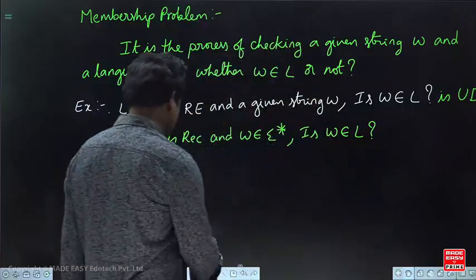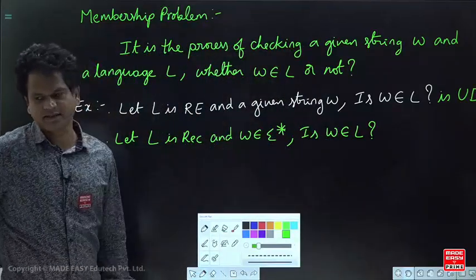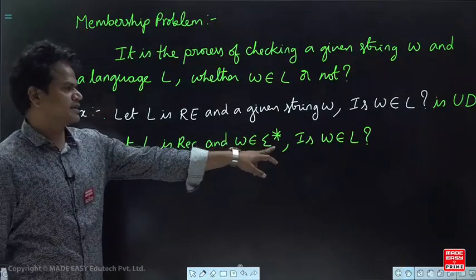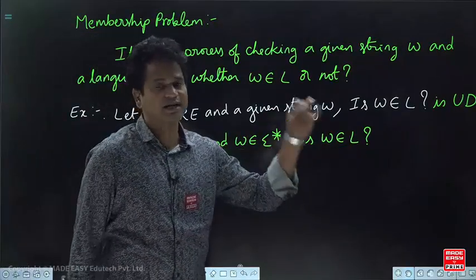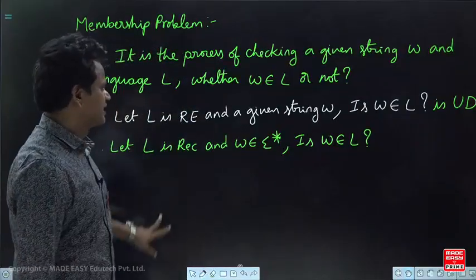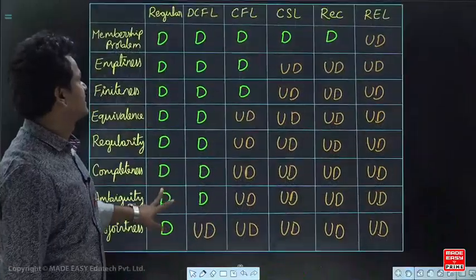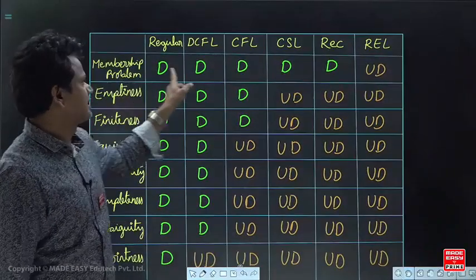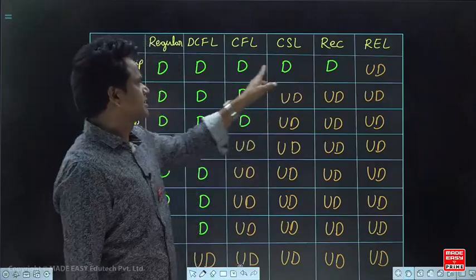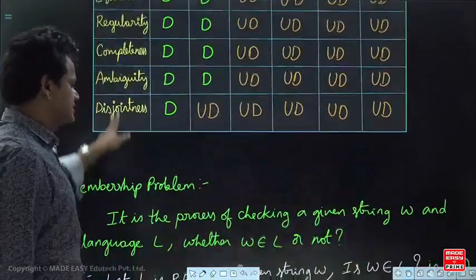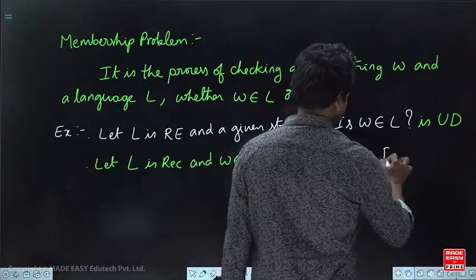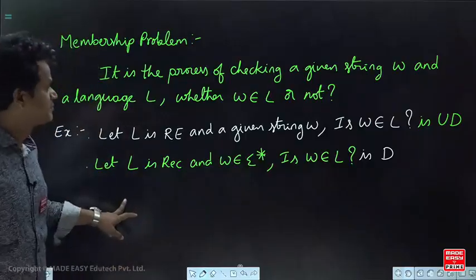Here L is REC, and W is in sigma star, asking about W belongs to L. This comes under membership problem of REC. Membership problem of REC is decidable. Only RE is undecidable, the rest of the languages are decidable. So this is decidable. Okay, copy this, guys.